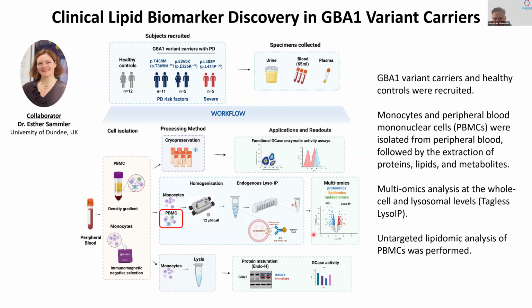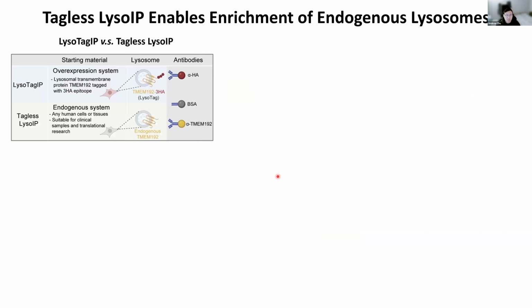Our lab has developed a technique called lysosomal immunoprecipitation, lyso-IP, to investigate molecular contents in the lysosome. Previously, we engineered the lysosomal membrane protein TMEM192 with a 3x hemagglutinin tag on the cytosolic side.